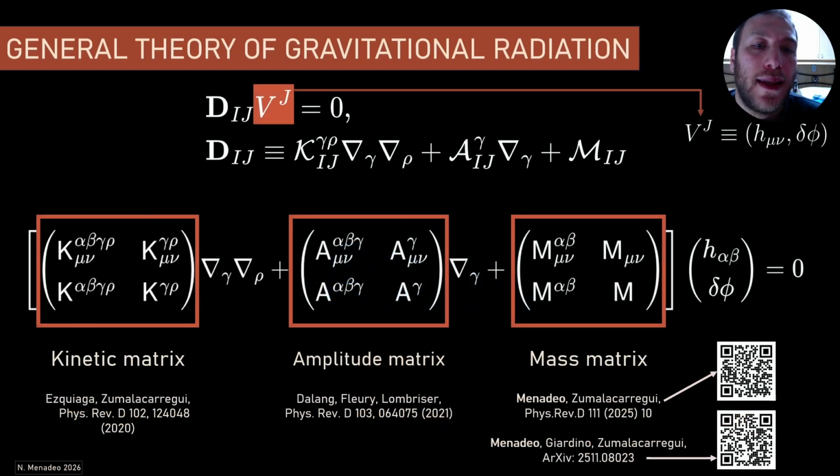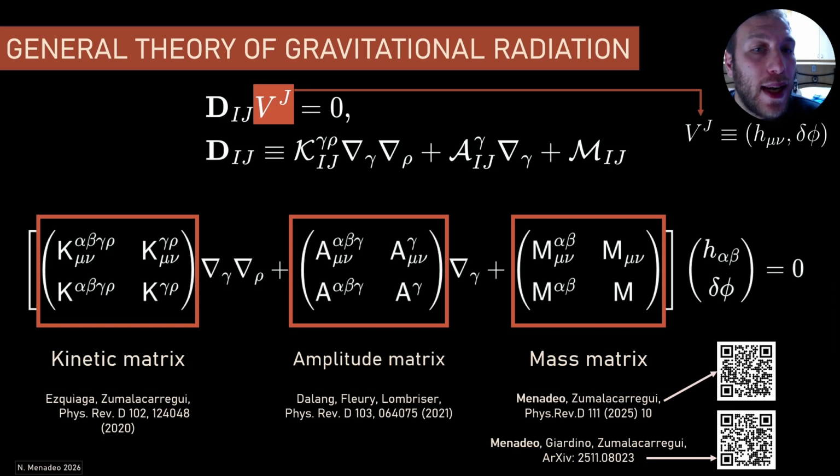Now, starting from the linearized equations, it is possible to write the propagation problem in a very general form, as we can see here in the slide. We collect all the propagating degrees of freedom into a single vector, which in our case contains only the tensor and scalar perturbations. The dynamics can then always be separated into three different contributions, related to second, first, and zero-order derivatives.